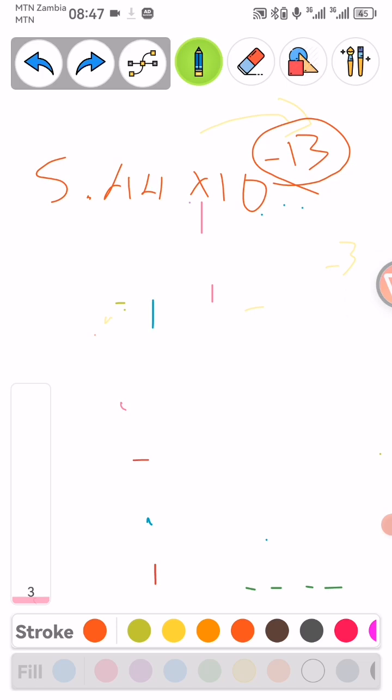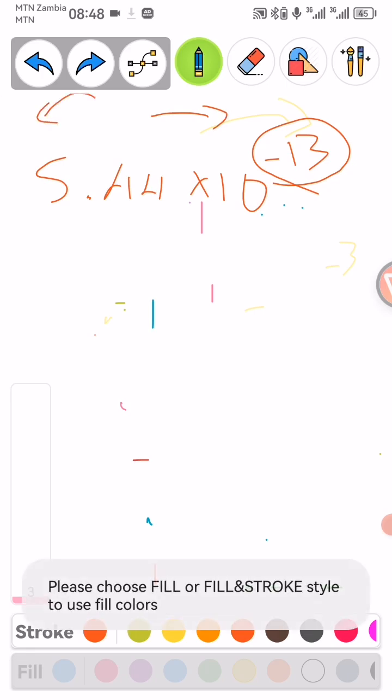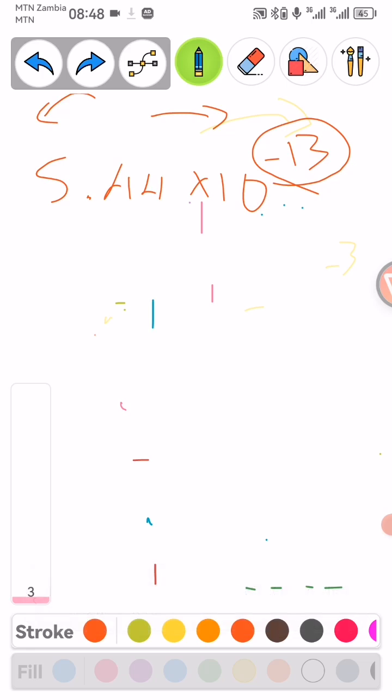How do I add a positive? I'm supposed to move my decimal point to a region that's going to give me a positive power. So that's going to be which region again? This is my left side and this is my right side. So moving it to my left side will make it negative, and moving it to my right side will have a positive power effect. So I'm supposed to move it to my left side, which is going to have a negative power effect.